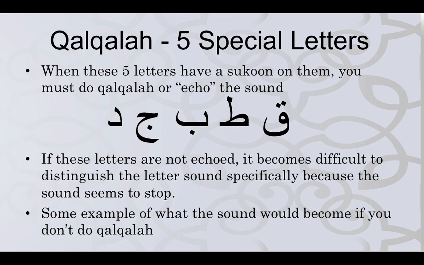So in the next slide, we're going to go into some examples of what the sound would become if you don't do the qalqalah, versus if you do. So just remember these 5 letters, qaf, ta, ba, jim, dal. When they have a sukoon on them, you have to do the qalqalah. Let's do that.